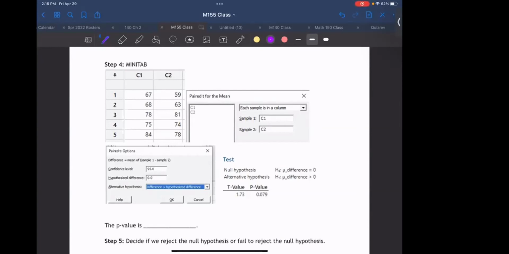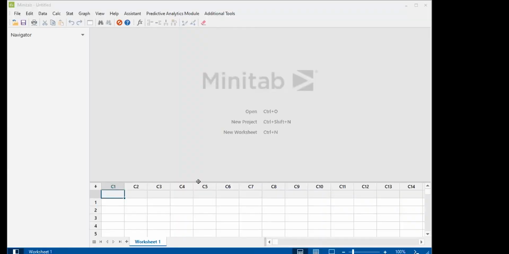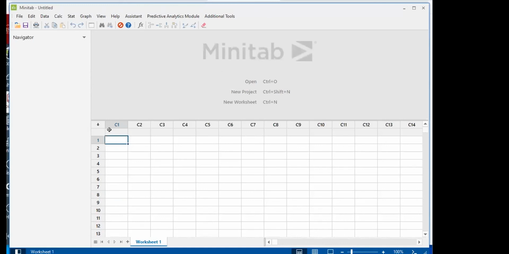Let's see. Okay, now we have to share this screen. Okay, so just like I explained, the first thing I'm going to do is type everything into C1 and C2. Since after is C1, or sample 1, I'm going to put 67, 68, 78, 75, 84.